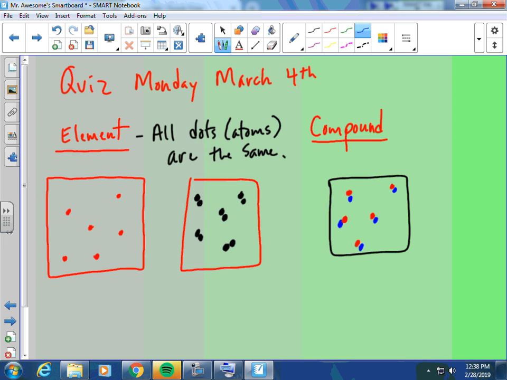And we did something in the packet that said how the dots are joined. What is the thing that's holding them together? Chemical bonds. Okay, so compounds would be two or more different atoms with chemical bonds, so chemically bonded. Okay?